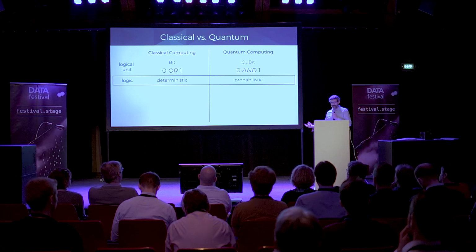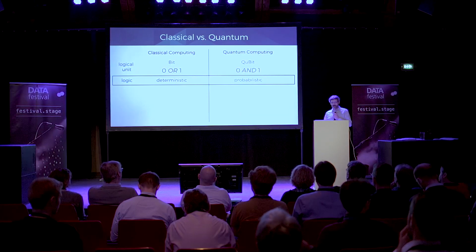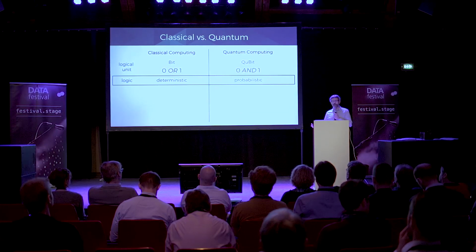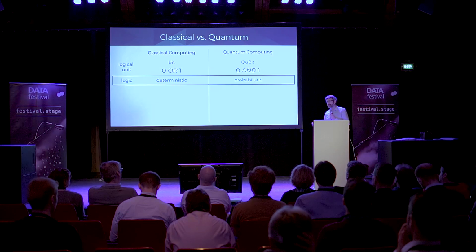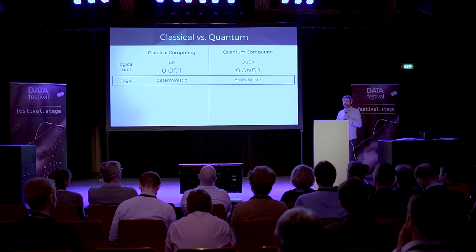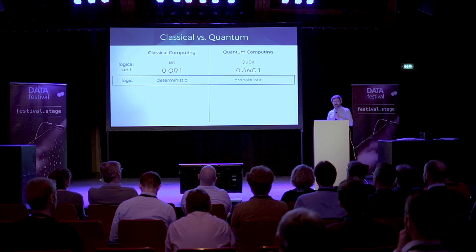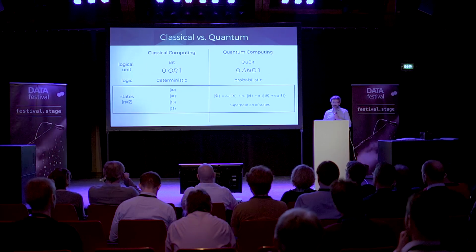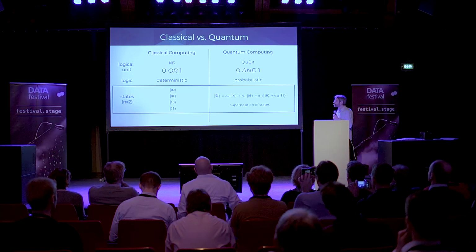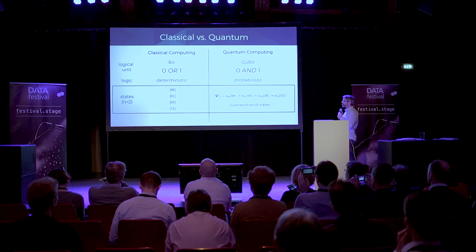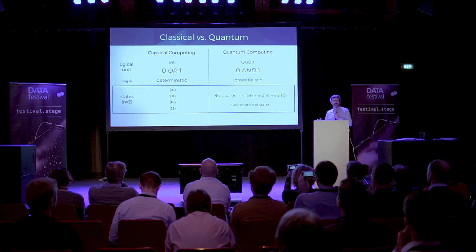Okay, let's pump that up a little bit. I'm always doing a single qubit or a single bit comparison here. Usually, if we want to encode information or process it, we're dealing with strings of these logical units. So just a brief example, what does it look like in these two architectures? Having 2 bits in a classical computer would result in 4 states.